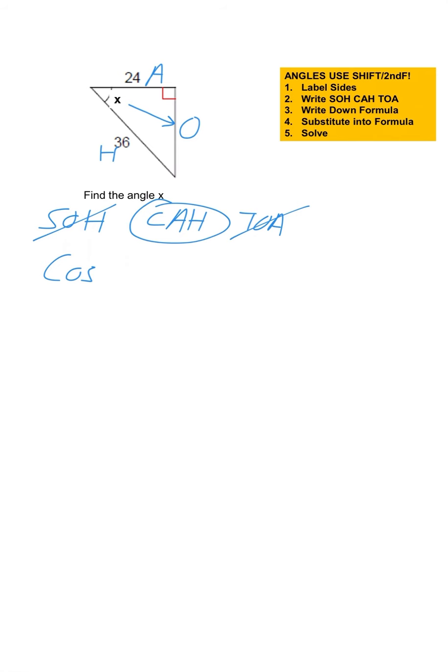In this question, the angle is x, so cos x is equal to adjacent over hypotenuse. So cos x equals 24 over 36. So now x is equal to inverse cos 24 over 36.